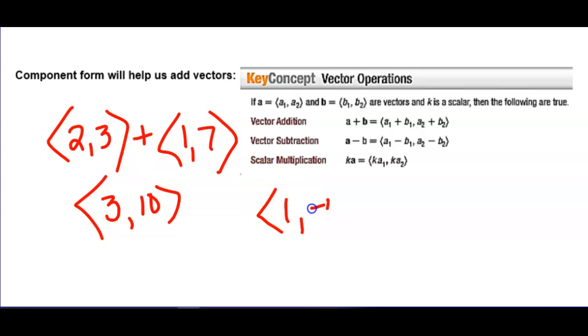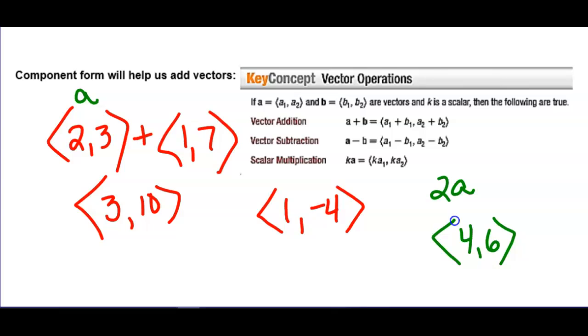I'm not going to ask you to subtract them. Scalar multiplication is when you multiply by a quantity like this is 2 times as long as this. Okay, so if this was vector A and I wanted 2 of A, it would become 4, 6. You would just double the components.